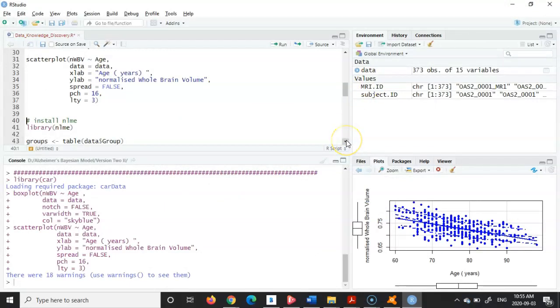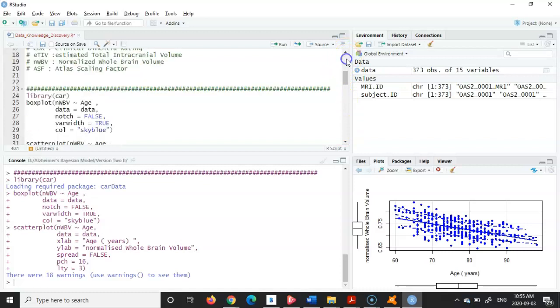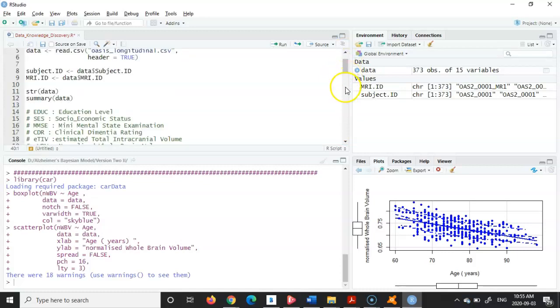Before we move on to some variations, these are the things I wanted to show you in our section on knowledge discovery: what kind of features we have. I particularly bring your attention to the two features that are very interesting for us: the normalized whole brain volume, and the age.